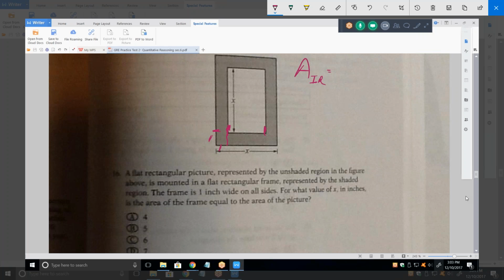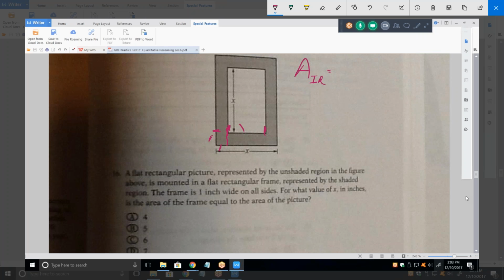So if the frame is 1 inch, what's the length of the inside rectangle? So that's 2 inches on either side. All right. So what's this?